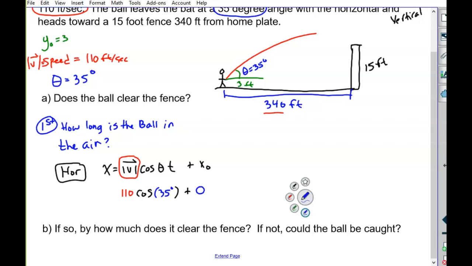X of 0 is where the ball is at time 0. So if I hit the ball with the bat, right at that moment, we have a horizontal distance of 0. It doesn't move. What this is, this 340 feet is our total horizontal distance. So that's what x has to equal.